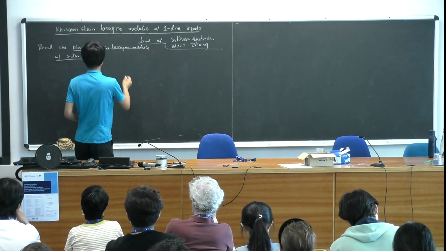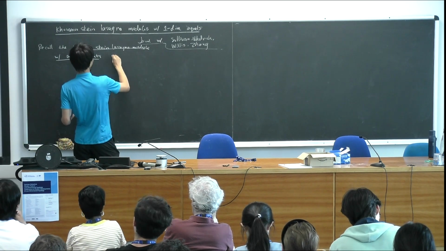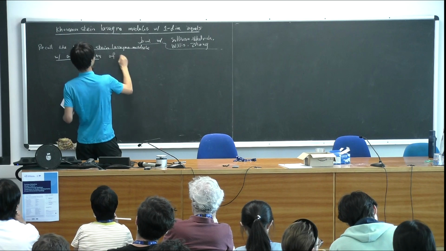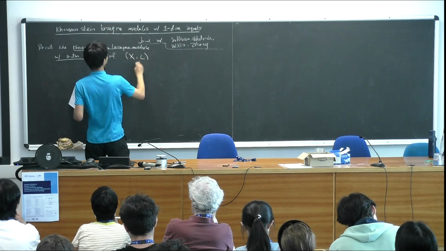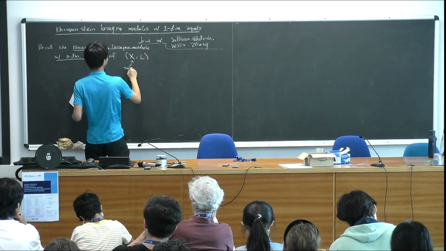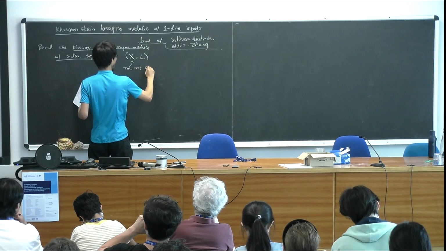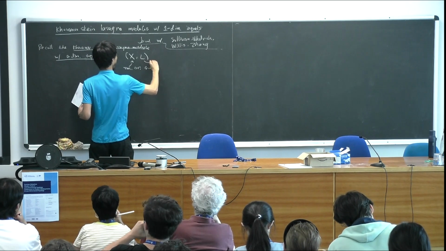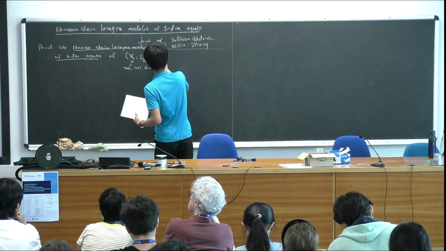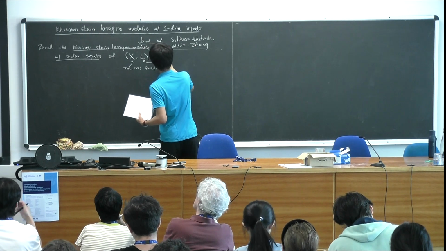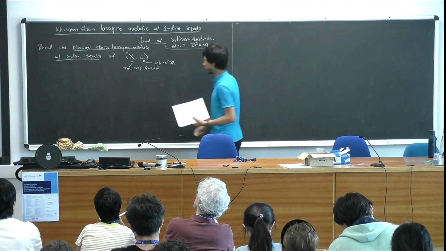It's assigned to every pair X, L, where X is a smooth oriented 4-manifold, and L is a link in the boundary of X.